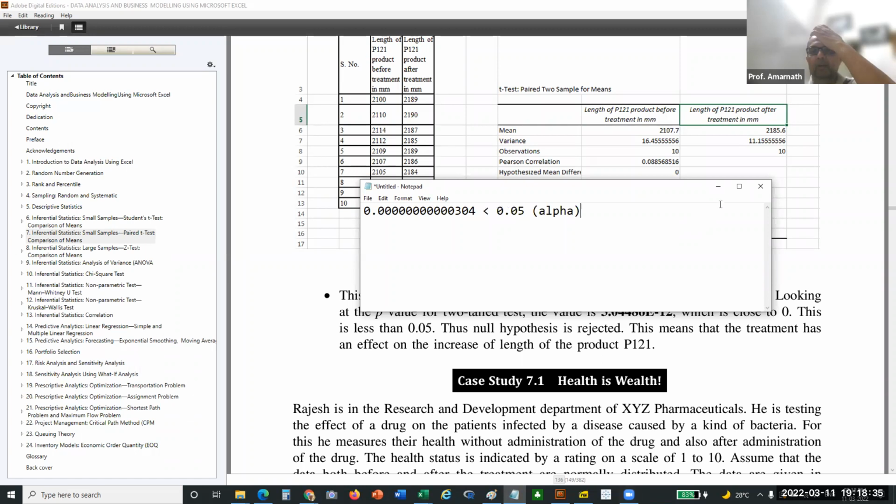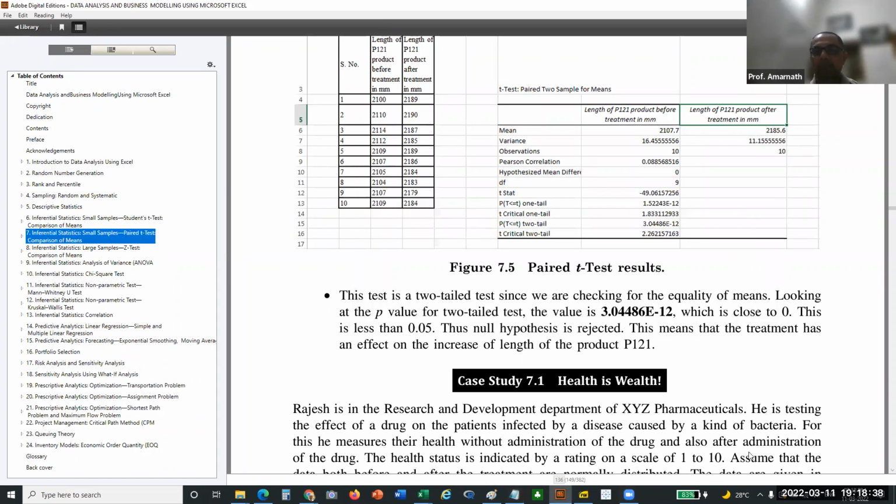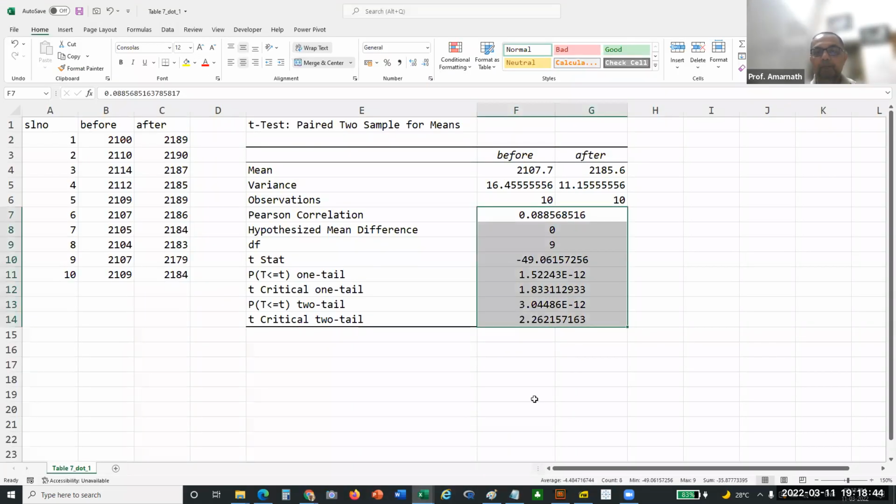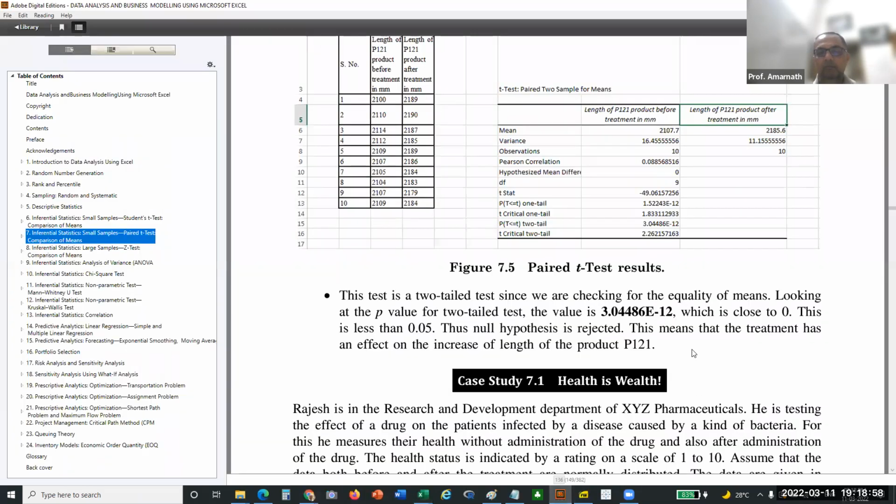In scientific notation it will come. Two tail, am I right? Correct. The p-value is close to 0, less than 0.05. Thus the null hypothesis is rejected.